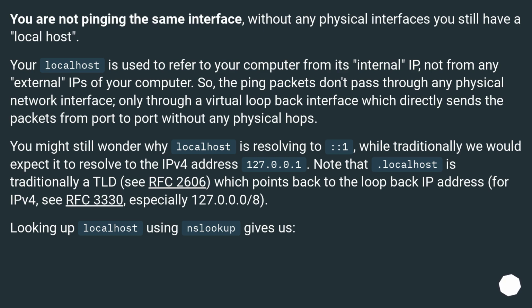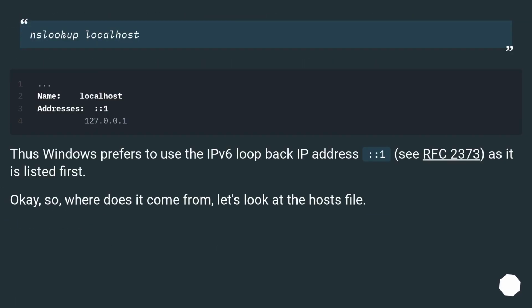Looking up localhost using this lookup gives us ::1. Thus Windows prefers to use the IPv6 loopback IP address, ::1, RFC 2373, as it is listed first.